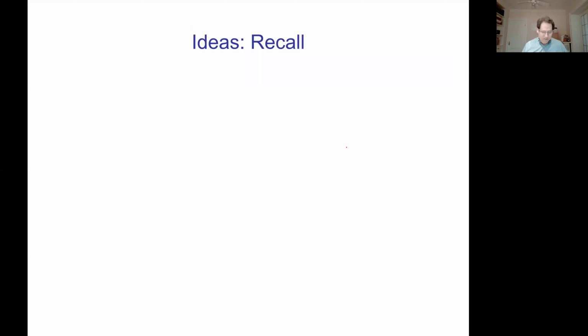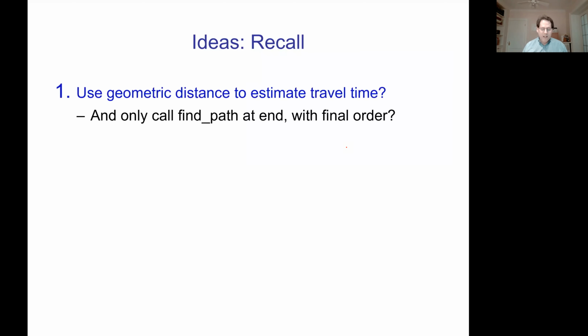I see some good ideas in the chat, so that's where we're going here. We talked last week about what we can do. We don't have to call find path all the time. We can estimate the travel time between 2 intersections using geometric distance, and many of you are already doing that in Milestone 3 as part of making an A-star algorithm. Travel time tends to correlate with geometric distance between 2 points.